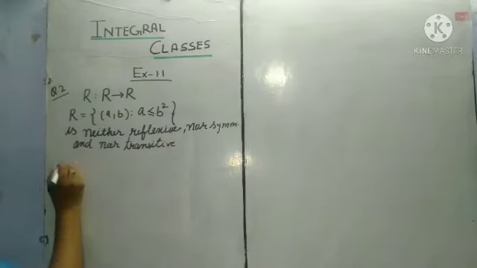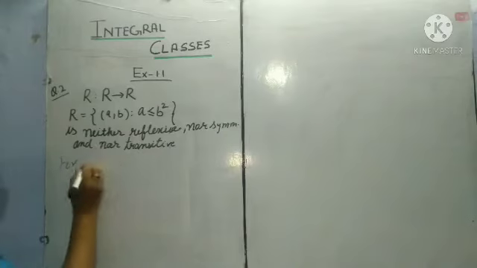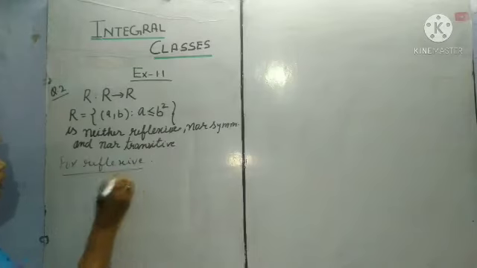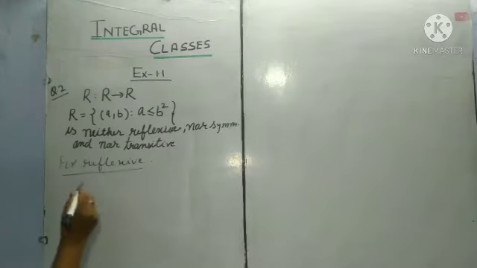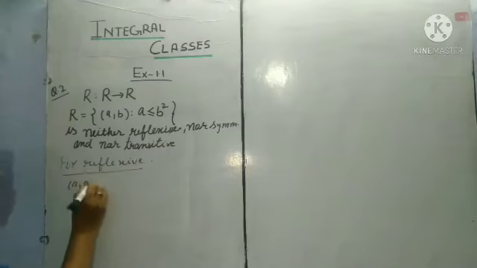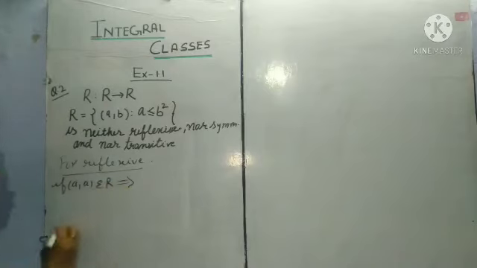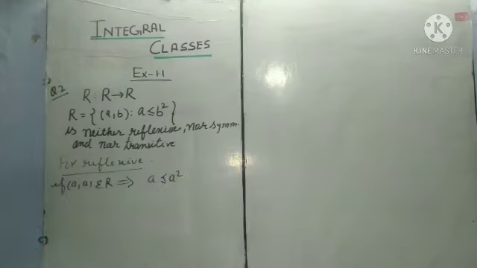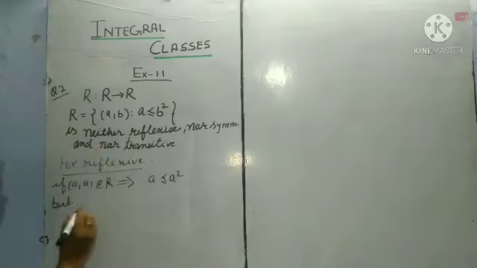Now first we will prove for reflexive. Now for reflexive we will consider, we know that if a belongs to R, then it implies that a is less than or equal to a square. But in this condition, if we consider a equal to, suppose, 1 by 2.